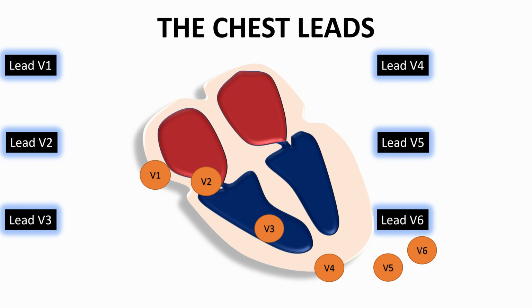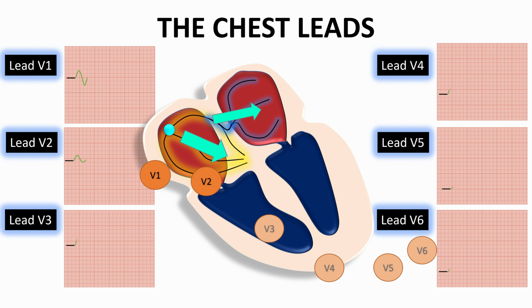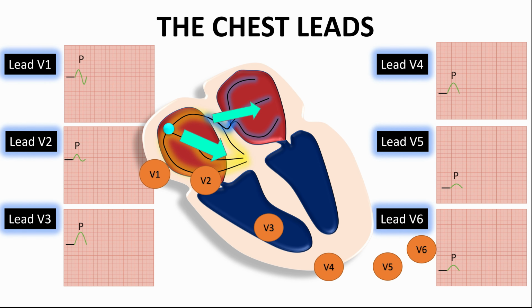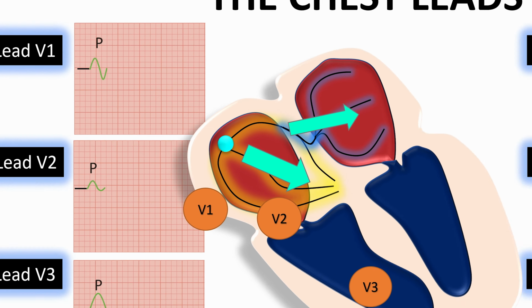As we know, the electrical forces of the heart begin from the SA node to the atrium. The electrical forces generated by the atrium are directed toward the leads from V3 to V6, and they go transversely from leads V1 and V2, so they will be picked up as a biphasic wave on these leads.